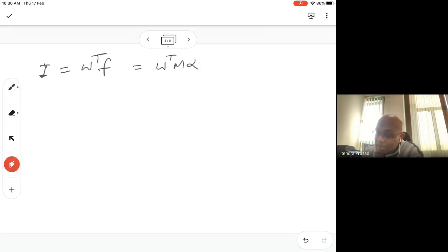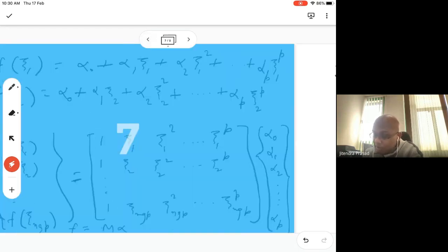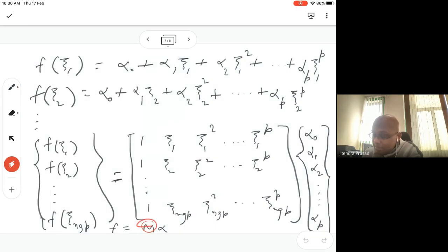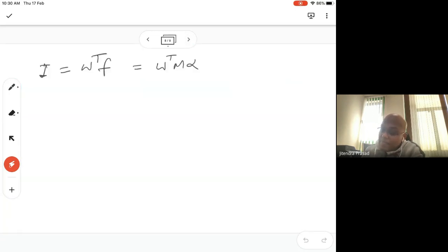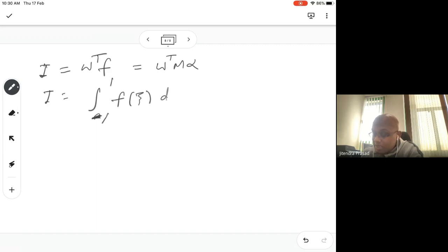This is how it has to be calculated. M comes from here, and this comes from alpha. Where I is equal to the integral from minus 1 to 1 of f(xi) d xi. In general it is like that.